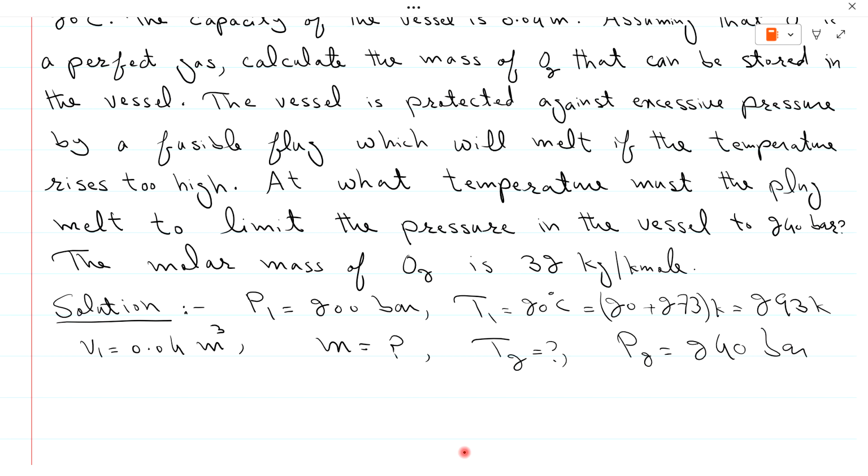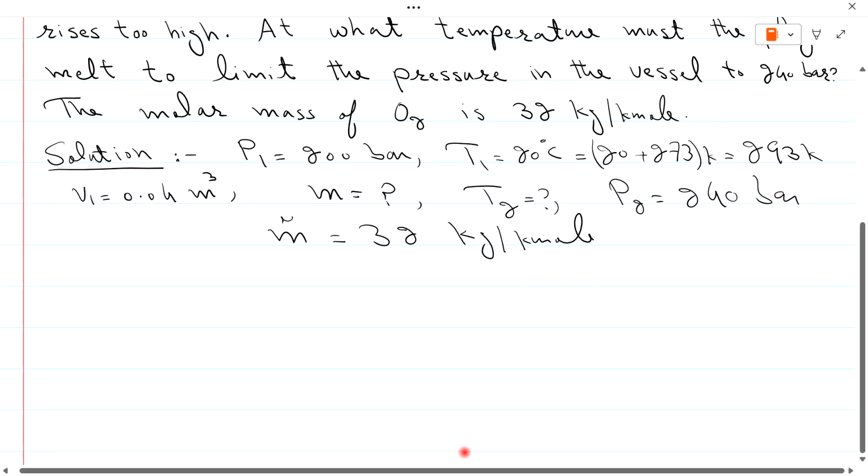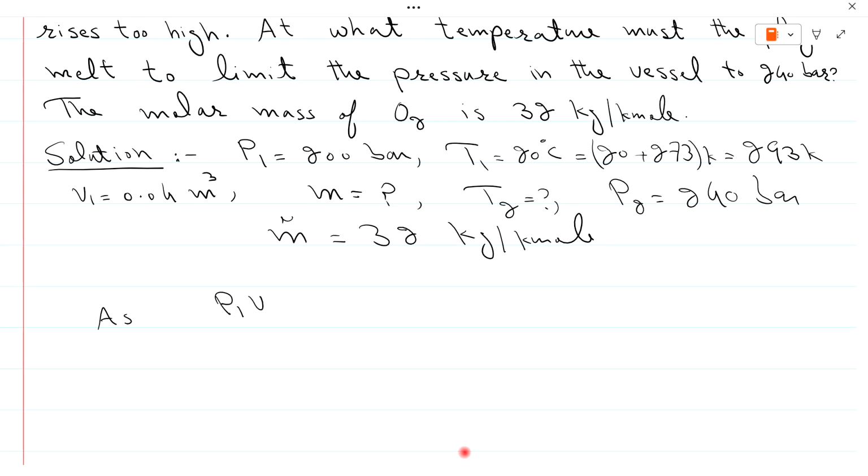The molar mass of oxygen is 32 kilogram per kilomole. We can easily find T2 from the equation P1 V1 divided by T1 is equal to P2 V2 divided by T2.